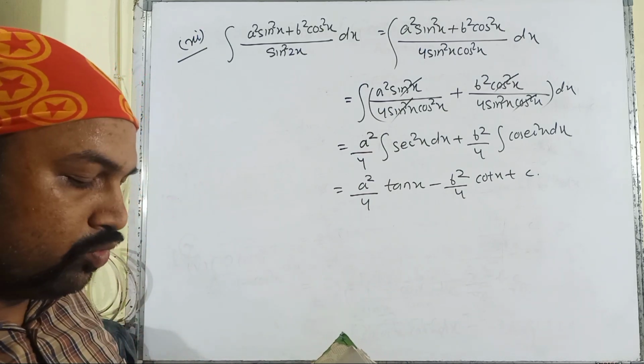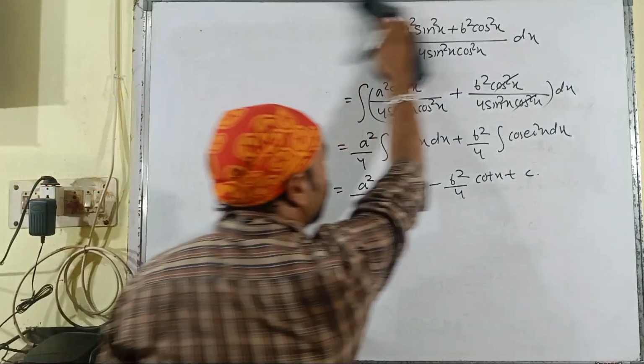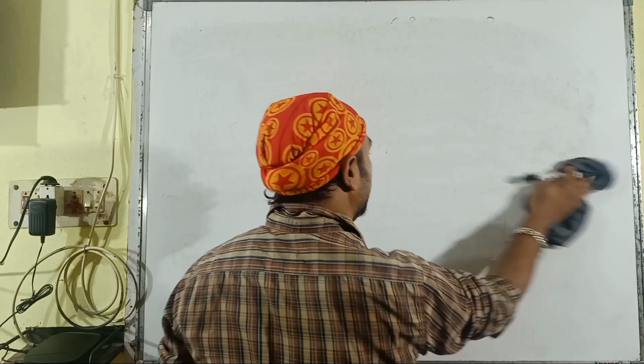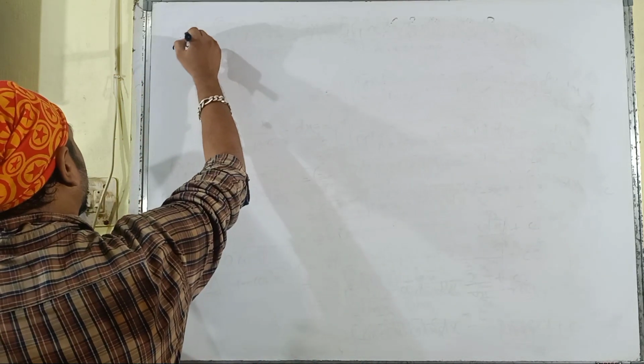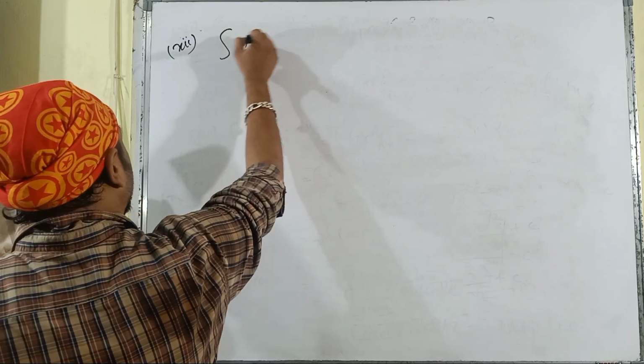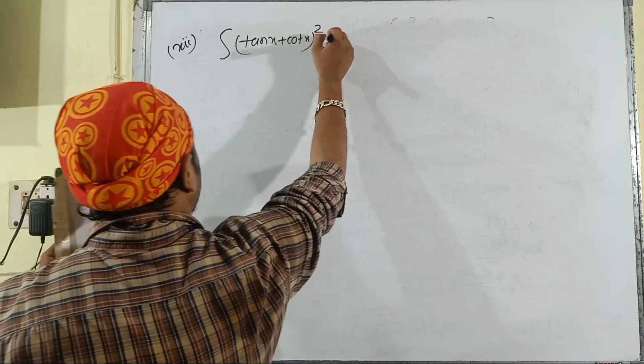Then moving to the 12th bit. We have to find the integral of the whole square of (tan x plus cot x) with respect to x.